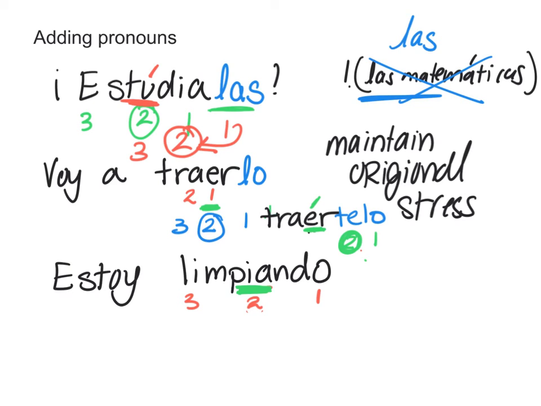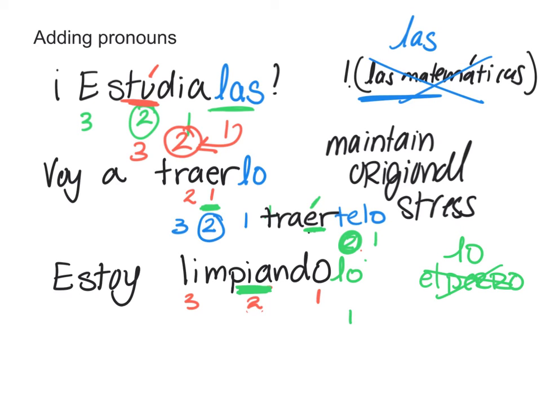And we want to keep the stress there no matter what we add on. So let's say I am washing the dog, el perro. So we'll add the perro on the end. So el perro is a direct object, but instead of that, I'm going to choose to use a pronoun. So if I put limpiándolo here, now we have to renumber.